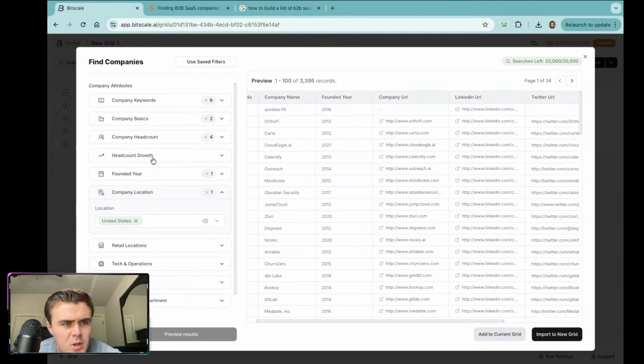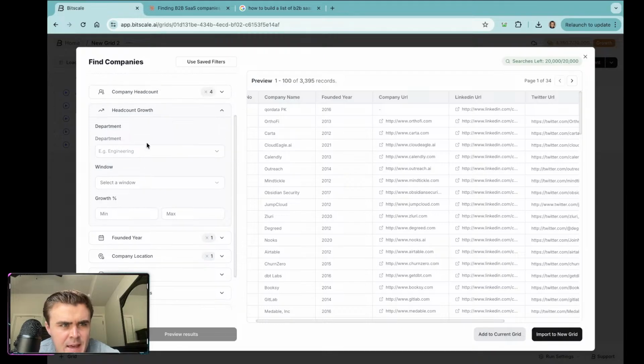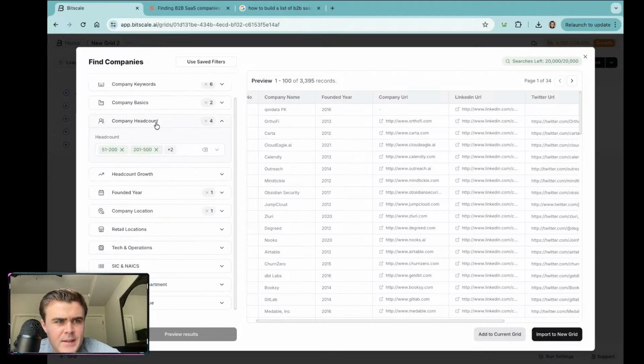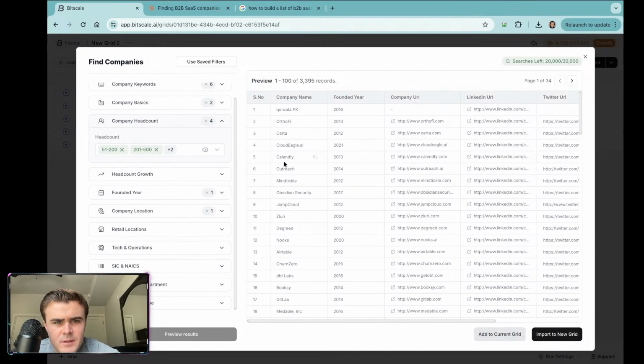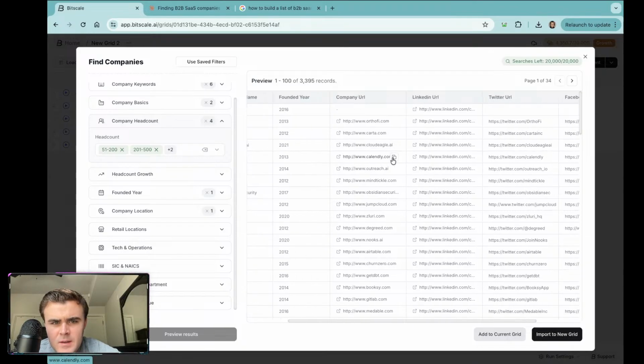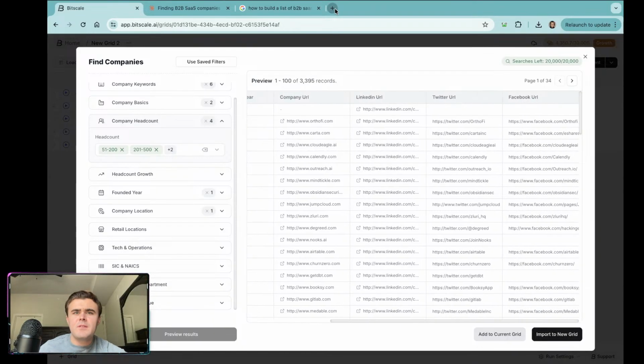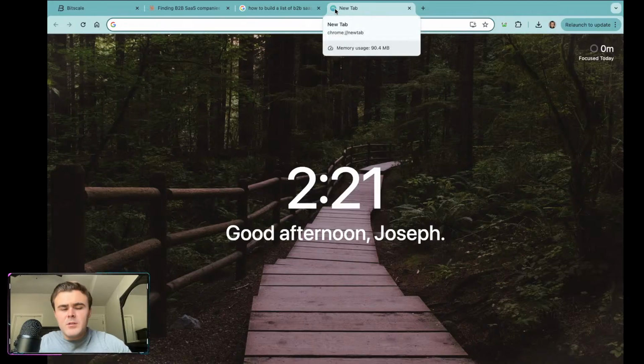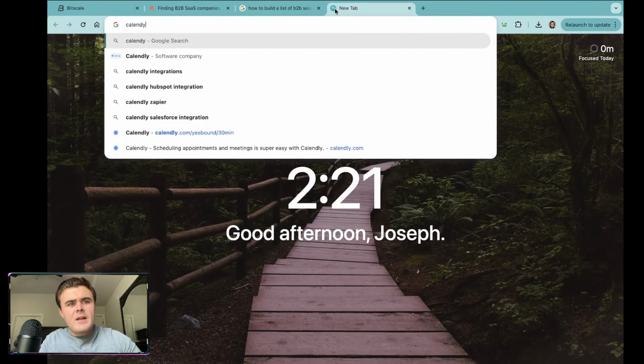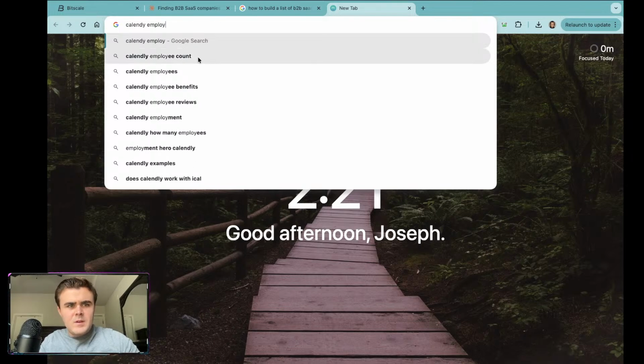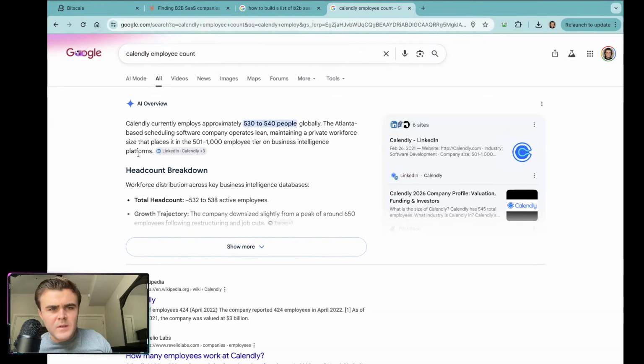All right, I want to lower the head count because, for example, Calendly, that's a pretty big company. They already have a go-to-market in place. I'm just curious how many employees they have, because we're going to want smaller than that.